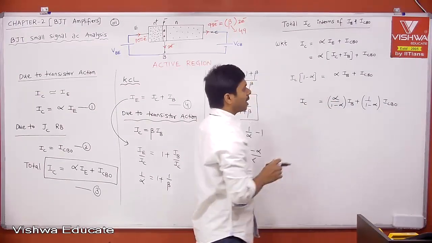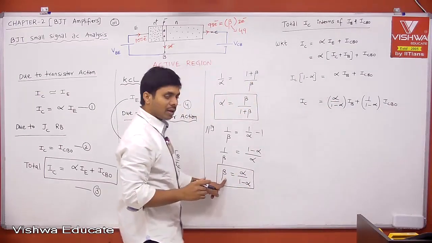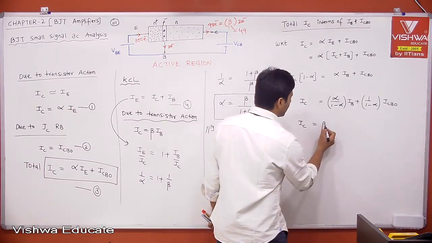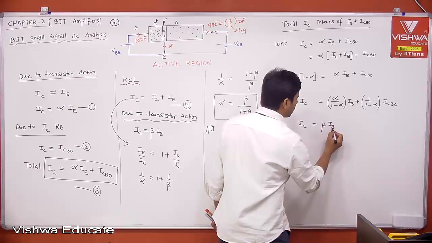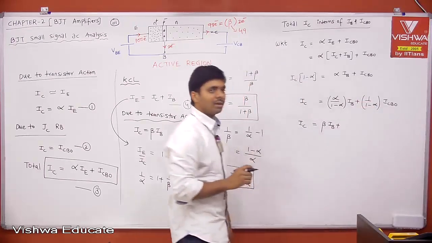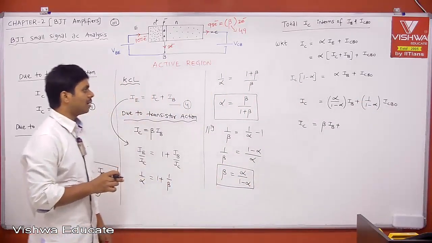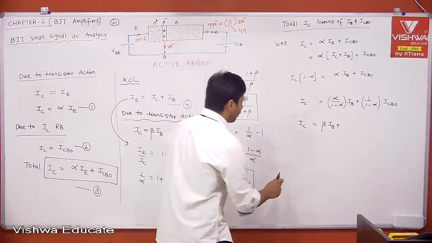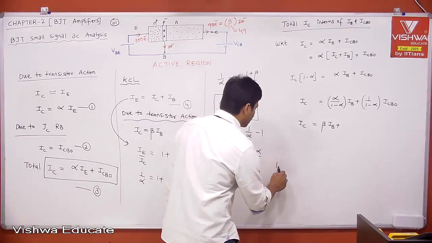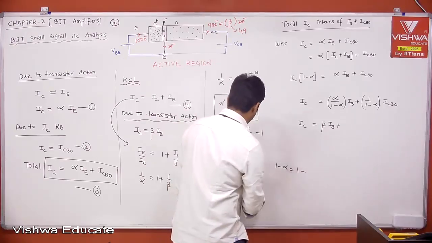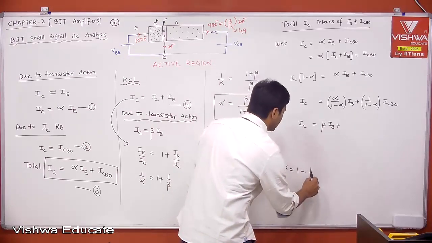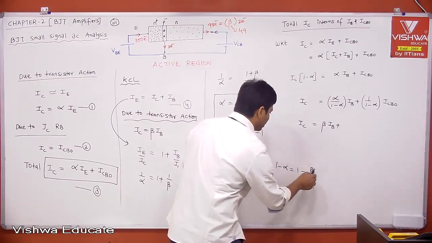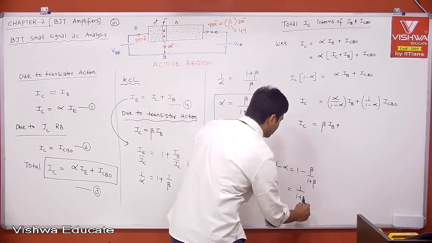What is alpha by 1 minus alpha? Alpha by 1 minus alpha is beta. Therefore, IC is equal to beta into IB plus, what is 1 by 1 minus alpha? If you calculate, 1 minus alpha is equal to 1 minus beta by 1 plus beta, which gives 1 by 1 plus beta.